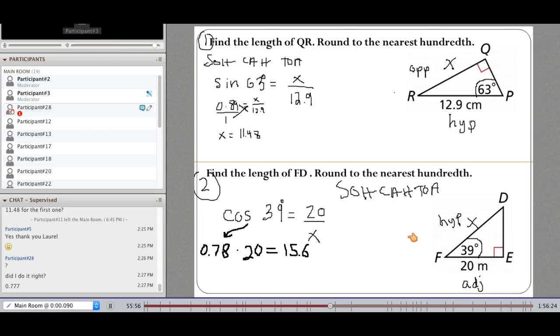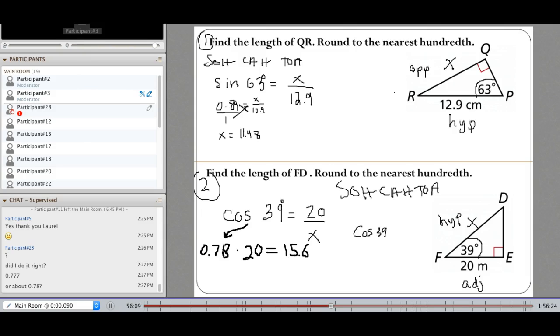And then we're not actually going to multiply that by 20. If we have the cosine of 39 over 1 equals 20 over x, what you're actually doing is you're going to have cosine of 39 times x equals 20. So you're going to have to divide out the cosine of 39. So you're going to do 20 divided by the cosine of 39. In your case, 20 divided by the 0.78.